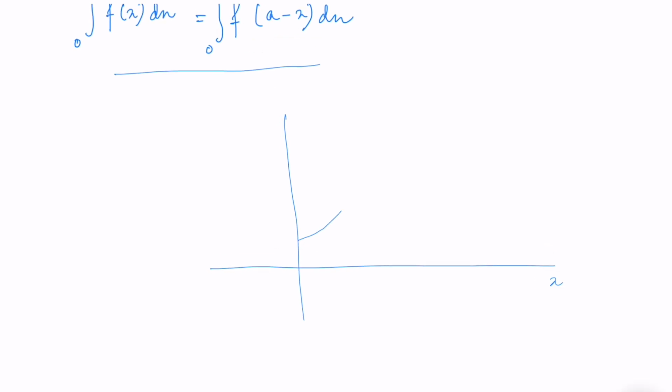So let me draw it graphically. This is x, and let's say this is my y equal to f of x. I just took a random function. And let's say that this here is a, and this of course is 0.